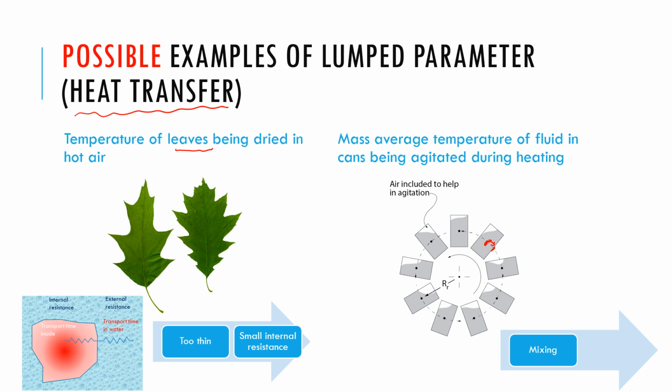So mixing reduces that resistance, and the internal resistance is small. So in both of these cases, internal resistance is small compared to external resistance, or can be small. And these are examples in heat transfer.